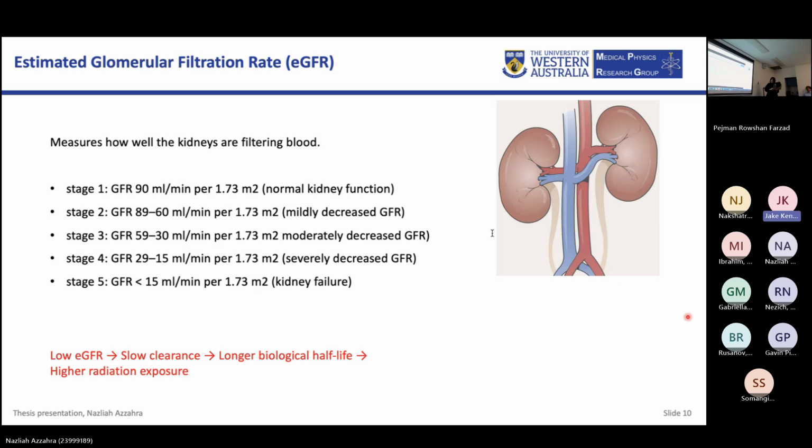And because the kidneys are the main organ for iodine excretion, the hypothesis here is that lower eGFR will slow down iodine clearance, and then it can lead to longer biological half-life and a higher radiation exposure.